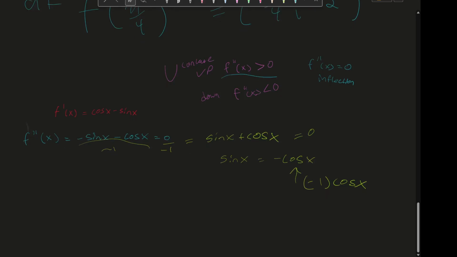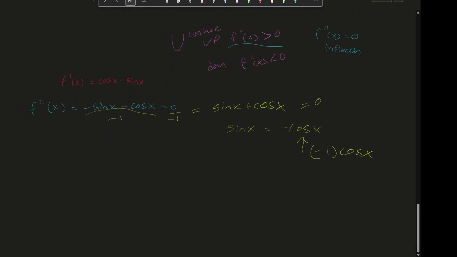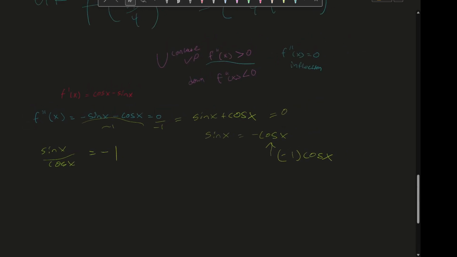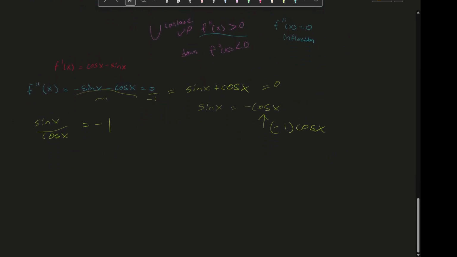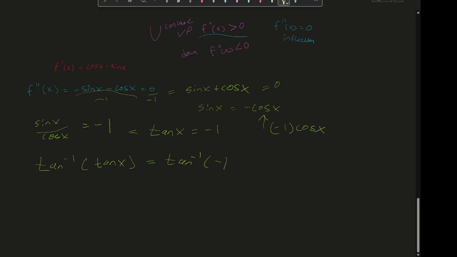So then just divide both sides by cosine x again, and you'll have sine x over cosine x is equal to -1. That's equal to tangent x equal to -1. And again, you could do tangent inverse of tangent x is equal to tangent inverse of -1, and you'll get x equals tangent inverse of -1.